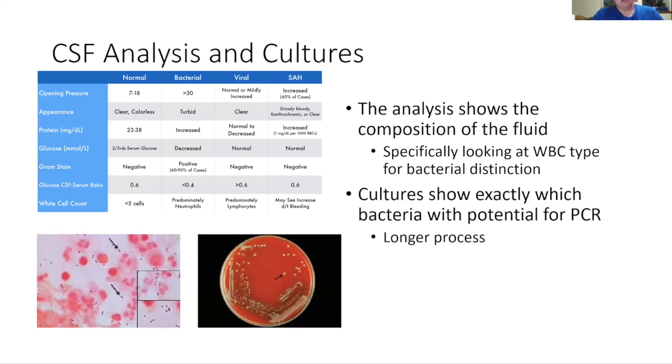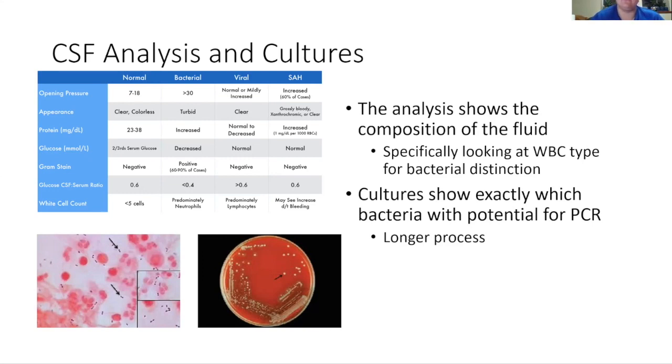It's usually not severely changed unless there's an SAH, which is a subarachnoid hemorrhage, which obviously is not indicative of any kind of meningitis. So specifically what's looked at here is what is in the CSF.